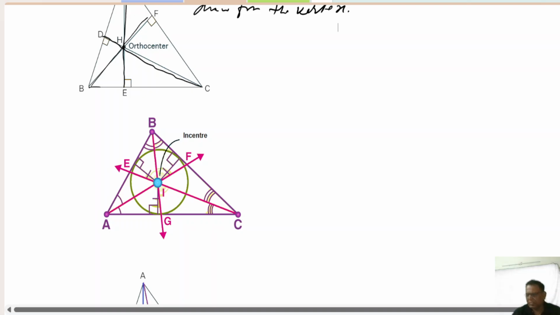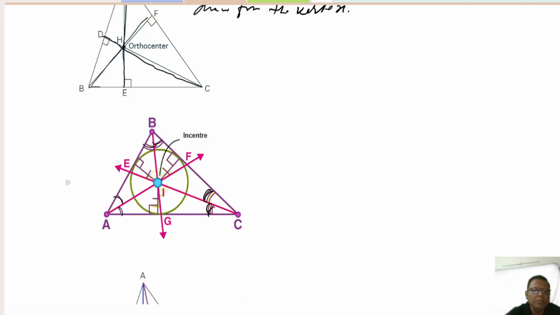Now come to the incenter. So what is incenter? Incenter is the concurrent point of the angle bisectors. This angle is the same as this angle.